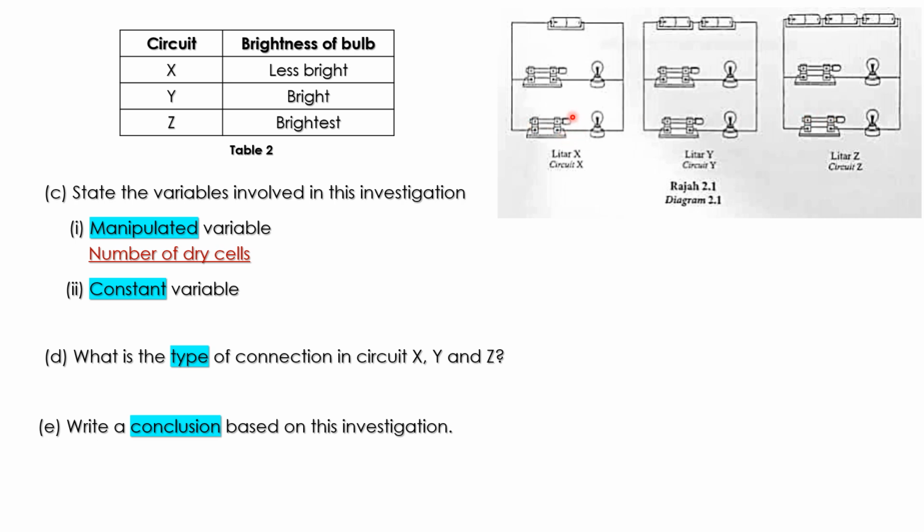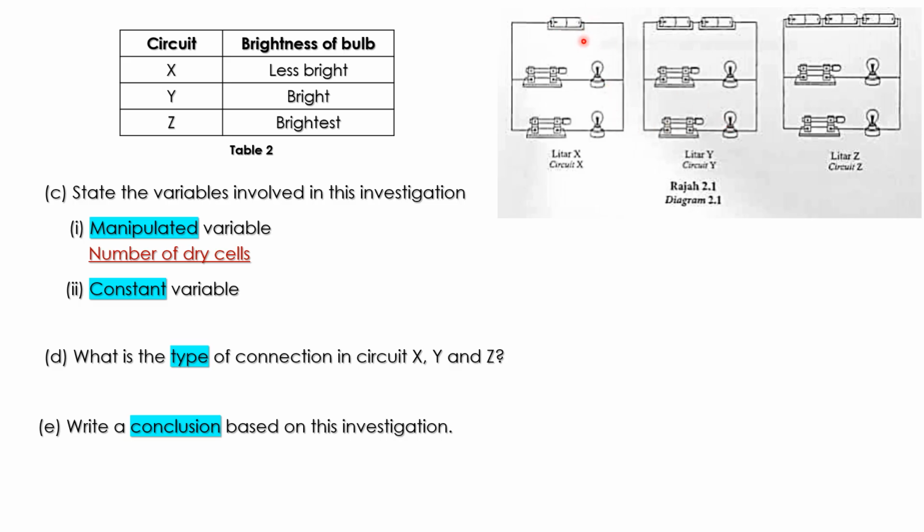That I have three circuits. What is the same in all three circuits? So one thing is that the number of bulbs that we use in the circuit is the same. But this is a parallel circuit, so the number of bulbs doesn't really matter, because when you add bulbs to a circuit, the brightness of the bulbs doesn't really change.